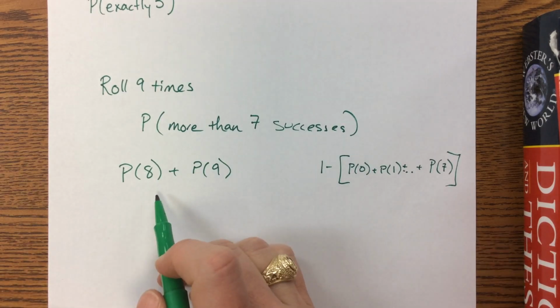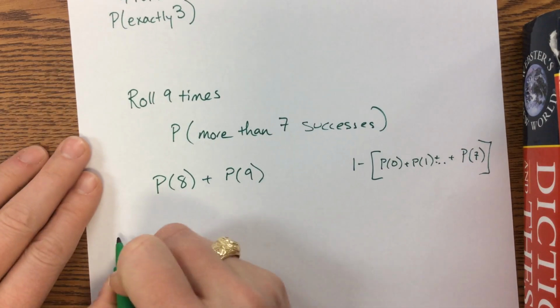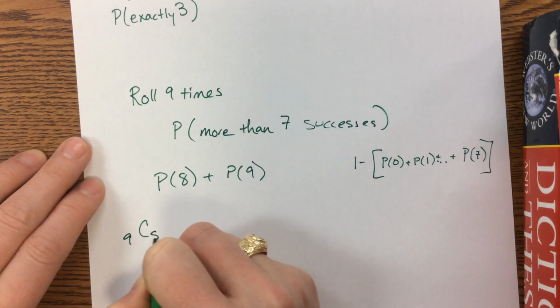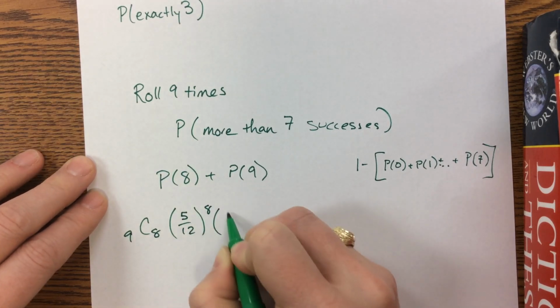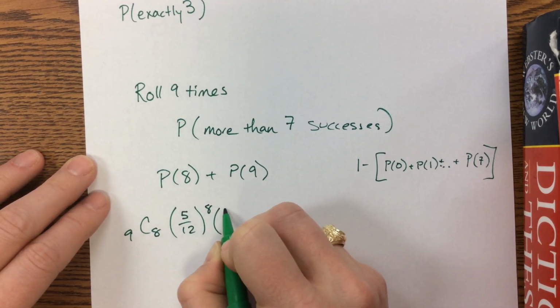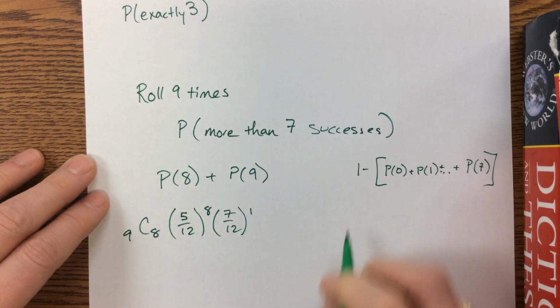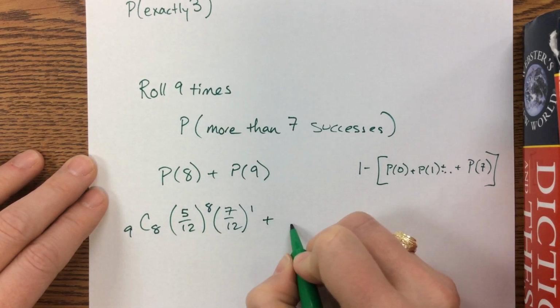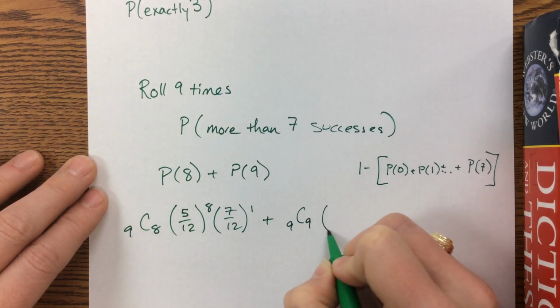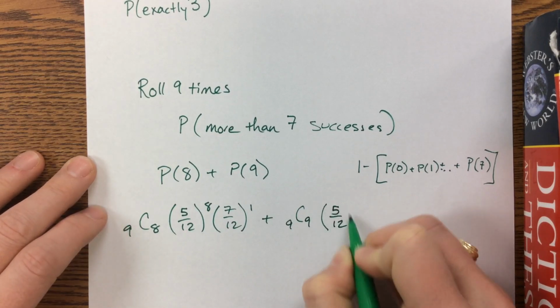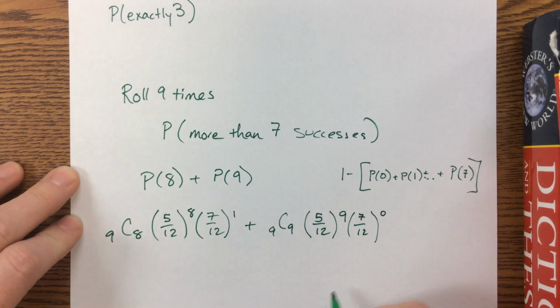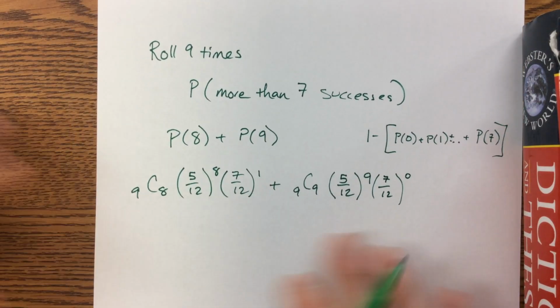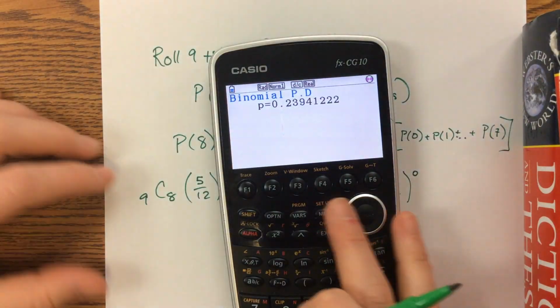So we're going to pick this method. We have 9 choose 8 times we want to succeed 8 times. We want to fail 1 time. Plus, then we have 9 choose 9, which by the way is 1. We want to succeed 9 times, and we want to fail 0 times. I can grab my calculator. Let's go back to that other screen.